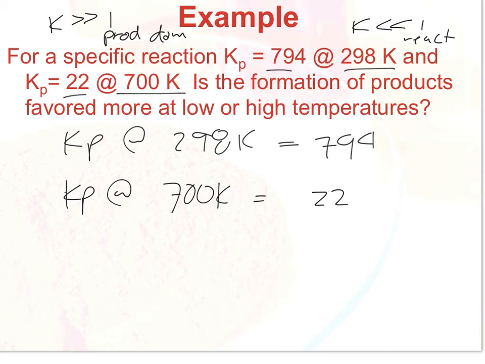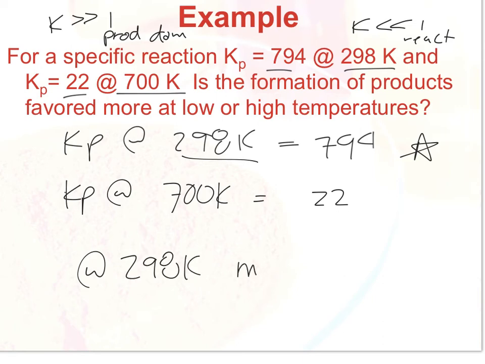In this case, my K value is bigger at the lower temperature. So at 298 Kelvin, I'm going to have more products. They're going to predominate in that situation. At the higher temperature, the reactants are going to be present in higher quantity, and subsequently you're not going to produce as much product.